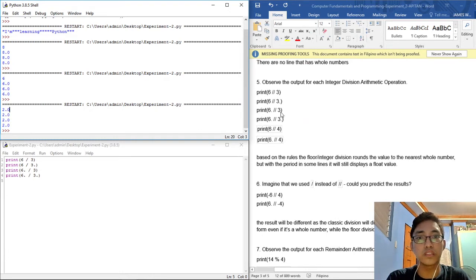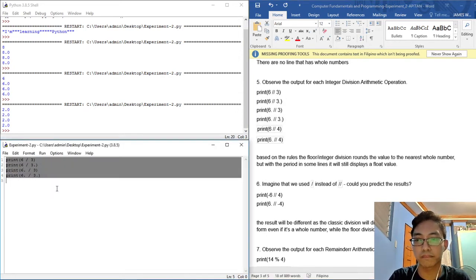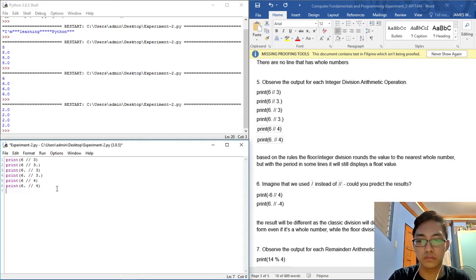Next is the integer division. Integers are all whole numbers, and it is represented by a double slash. So let's see here, like so.